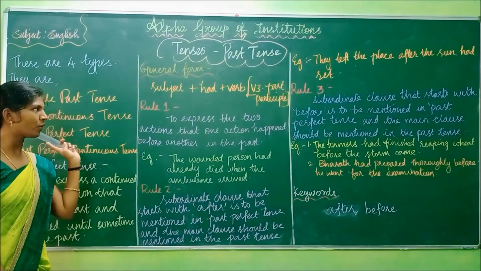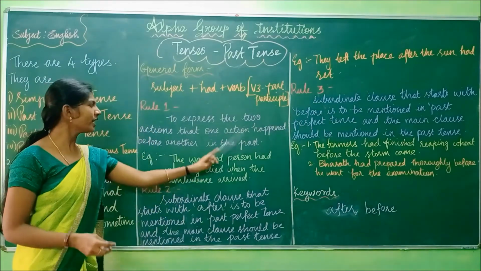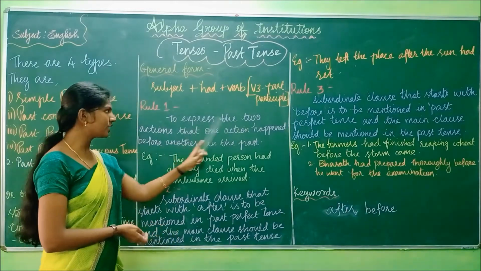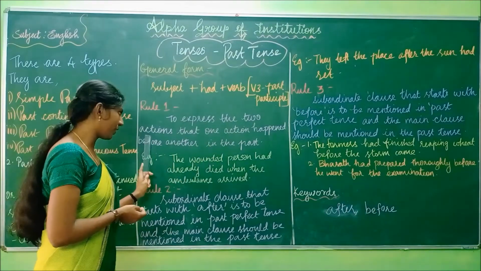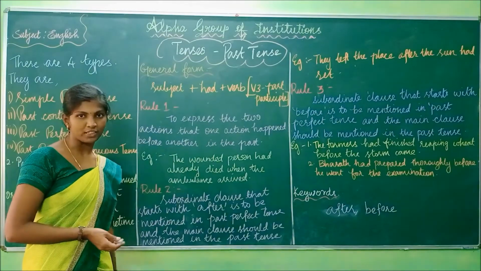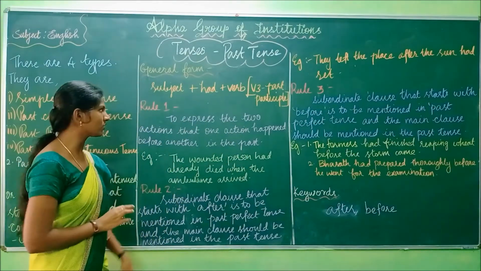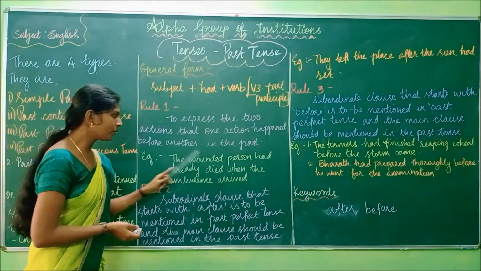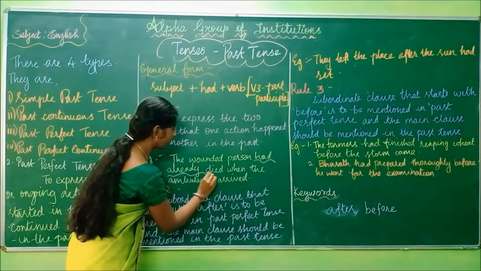So rule number 1: to express two actions, where one action happened before another in the past. There are two actions. So before one action happened, something had already happened. For example, the wounded person had already died when the ambulance arrived.